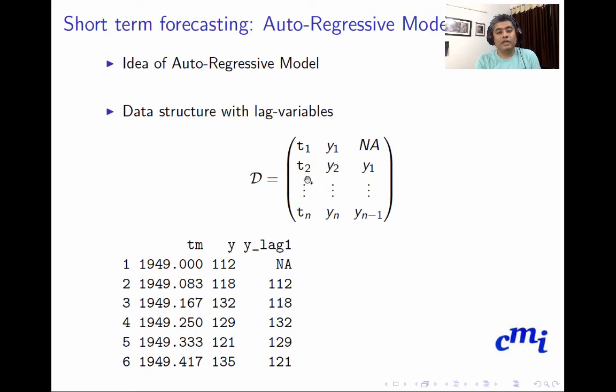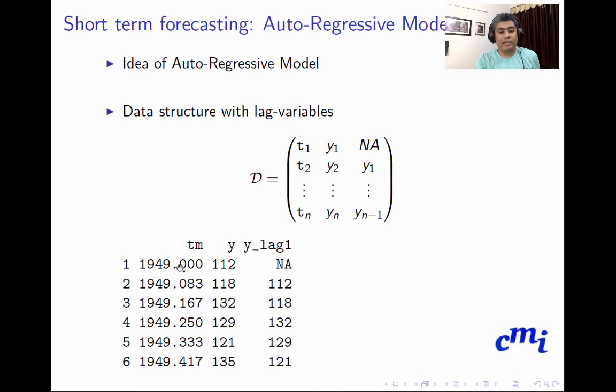Similarly, if it is t3 y3, then the one lag variable of y3 will be y2. In this way, up to the last time point tn, yn is the value, and the lag variable is yn minus 1.